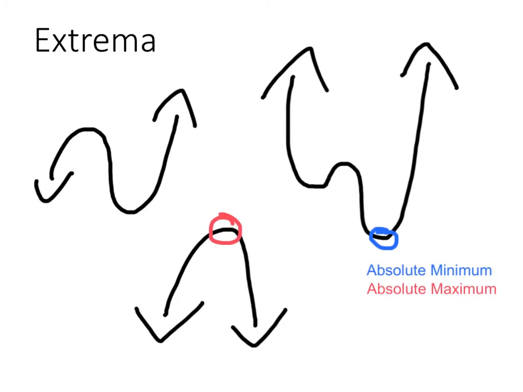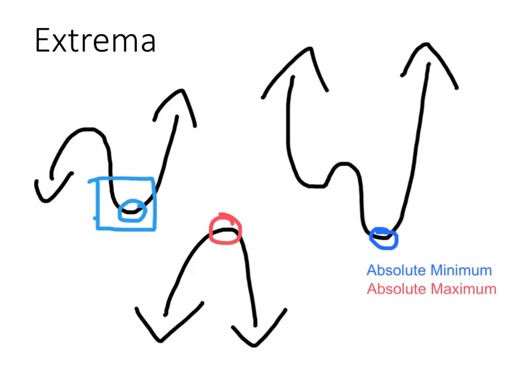For example, the point highlighted in blue is an absolute minimum because it's the lowest point on the entire graph of the function, and circled in red is an absolute maximum because it's the highest point on the entire function. Local or relative extrema are just the highest or lowest point of all of the points around them. For example, if you were to draw a box around this part of the graph, as I showed in the light blue, this point here would be the lowest point, therefore it would be a local minimum.